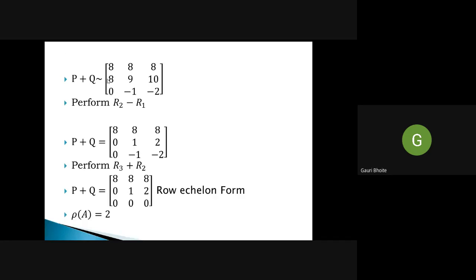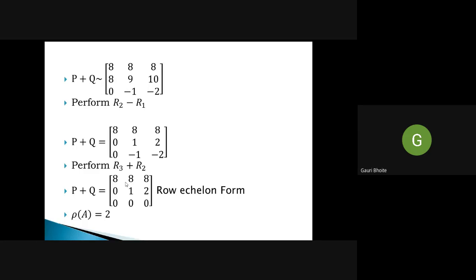Now I make the entry 0 below A11. Here it is 8, here it is 8, so I use R2 minus R1. So 8 minus 8 is 0, 9 minus 8 is 1, 10 minus 8 is 2, and the third row is as it is, 0, minus 1, minus 2. By performing R2 minus R1, I make 0 below A11, and already this entry is 0.